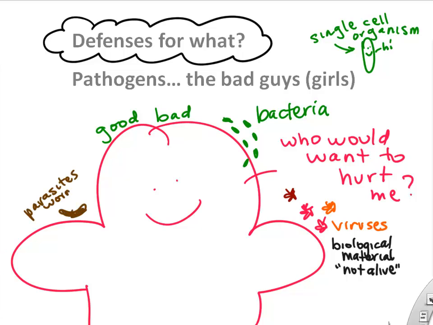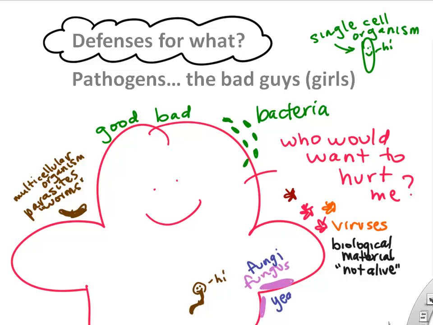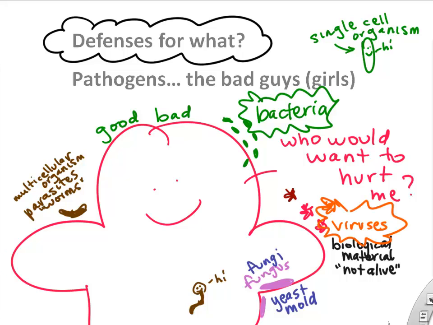They're basically like protein and RNA and DNA, but they can infect us. We also can get infected or attacked by parasites, which are multicellular organisms which can try to live in and on our body. We also can get a fungal infection, such as a yeast or a mold. We're going to focus mainly on bacteria and viruses that can infect us and make us sick.